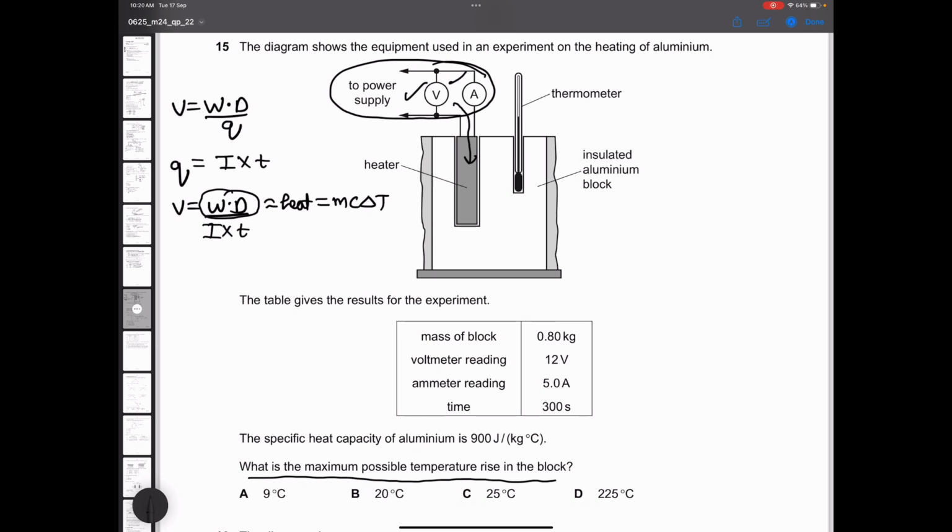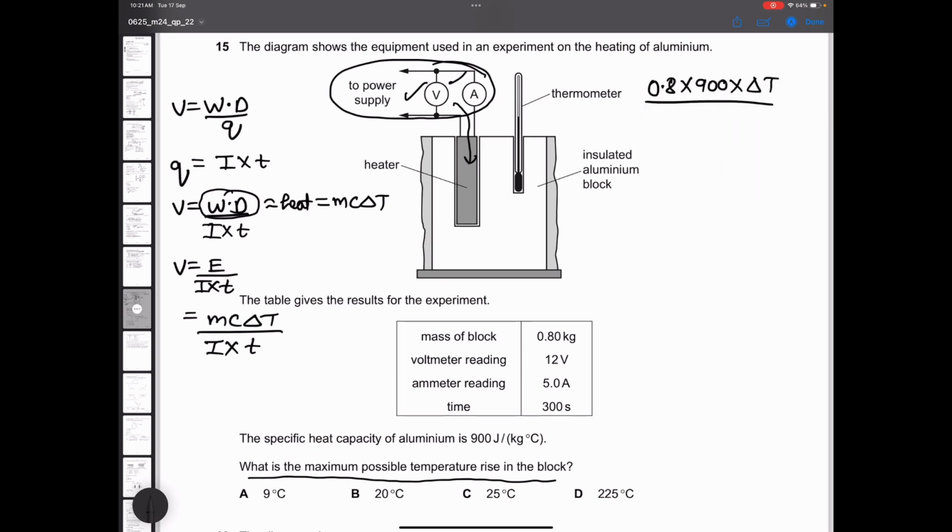So I can rearrange this and say that voltage will be equal to energy by current into time, and energy in this case is mc delta T, so mc delta T by current into time. Now we just need to substitute the values. So the mass is 0.8, the specific heat capacity is 900, change in temperature, let's keep it as delta T only.